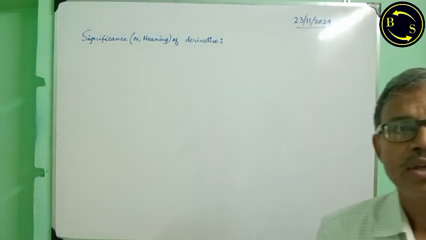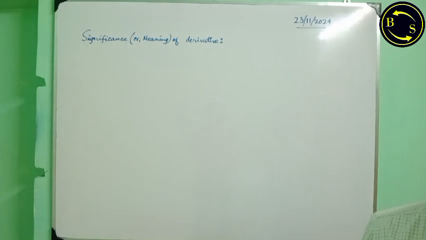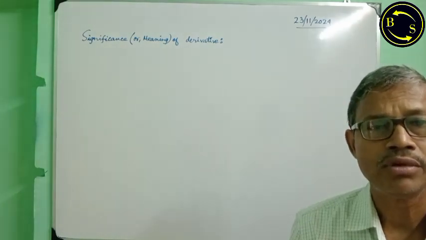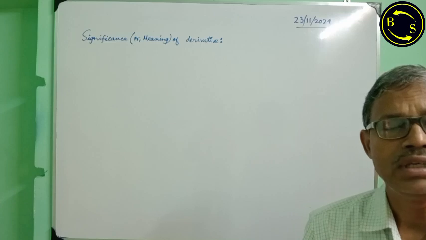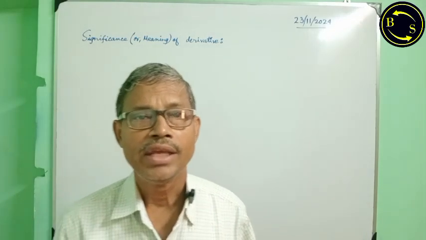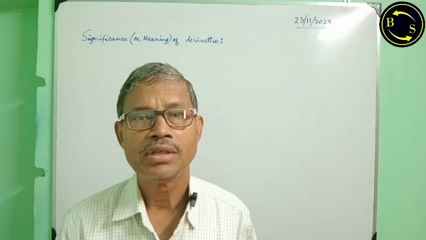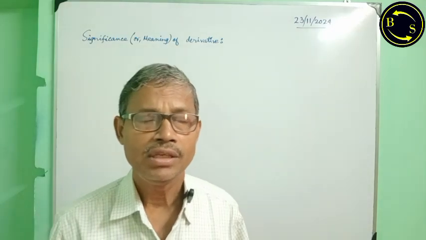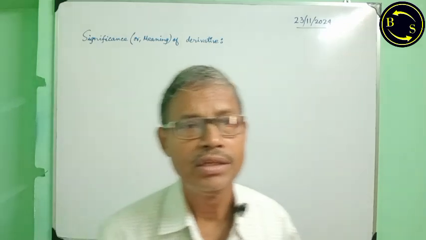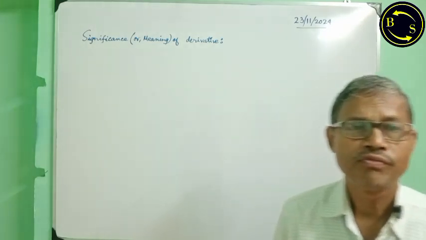If we take the angle made by the tangent to the curve y equal to f(x) at (x, y) be psi, then as per the geometrical meaning, dy dx is equal to tan psi.